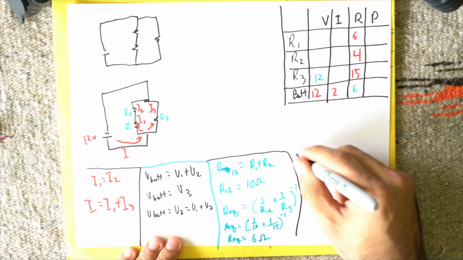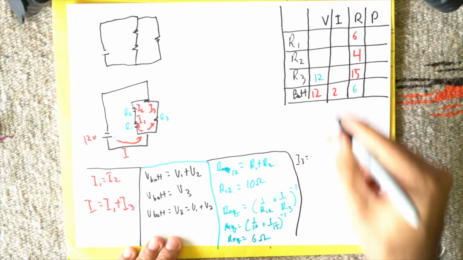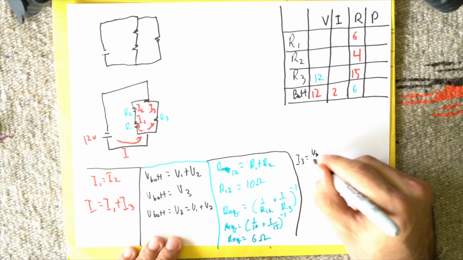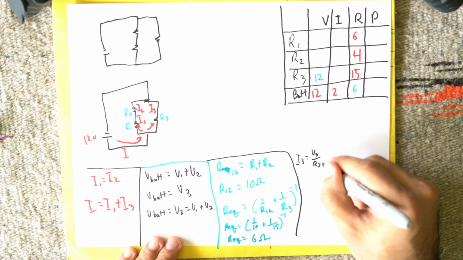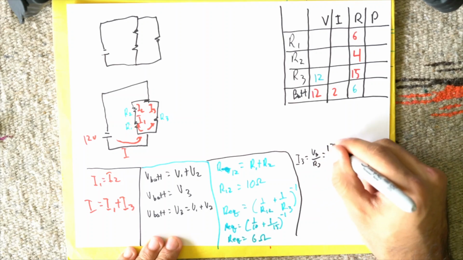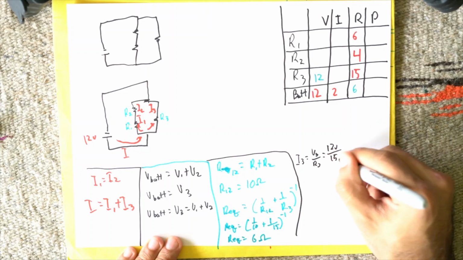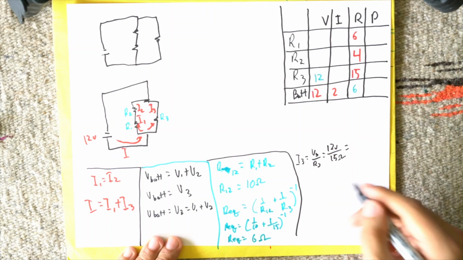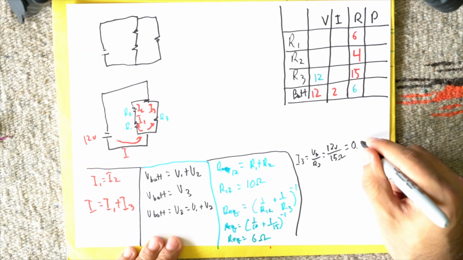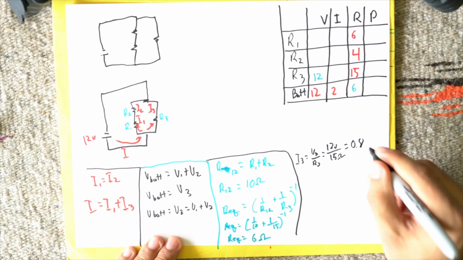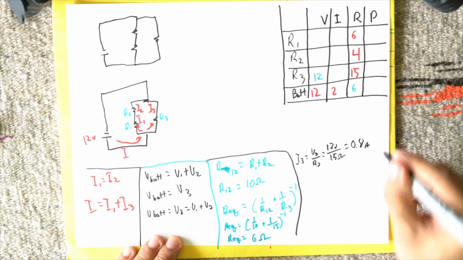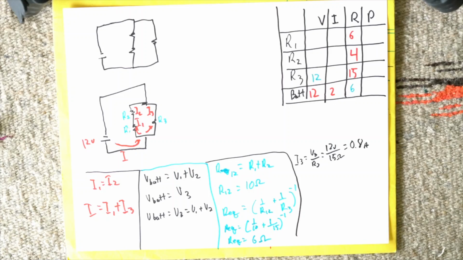We'll call this I3 equals V3 divided by R3. So that's 12 volts divided by 15 ohms. That should be 0.8 amps.